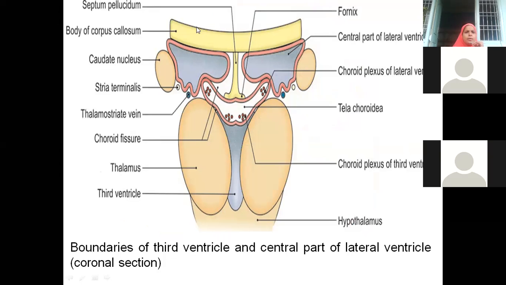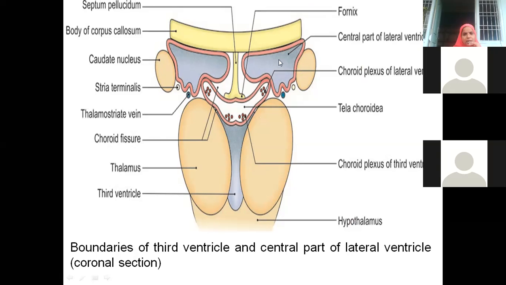What is this curtain? I told you, the septum pellucidum. Whether it is the right or left central part of the lateral ventricle, on both sides the medial relation is the septum pellucidum. Laterally, what do we have? Caudate nucleus. When I was discussing the internal capsule, we discussed the caudate nucleus, lentiform nucleus, and thalamus.